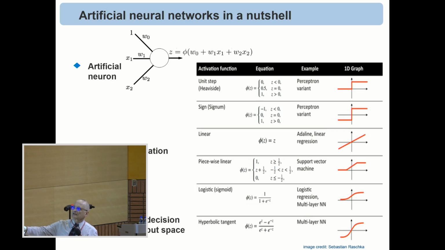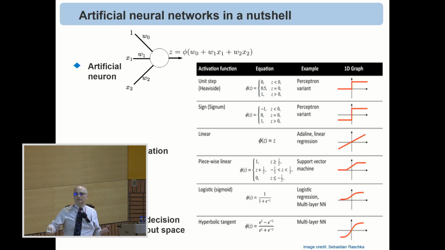But the function itself, phi, could be of this kind, a perceptron variant, which would be a Heaviside function, could be linear, or for multi-layer neural networks, very popular ones are sigmoids and hyperbolic tangents. These are the nonlinear activation functions that create a boundary in input space. They classify things as A or B or C, ground state, excited state, etc. So this is what neural networks are doing.